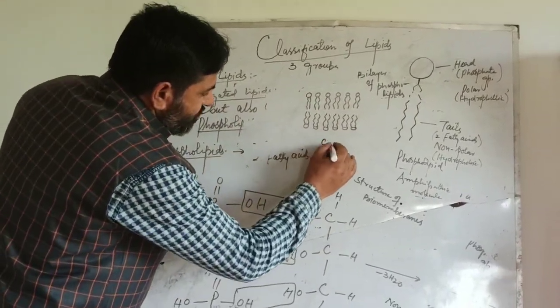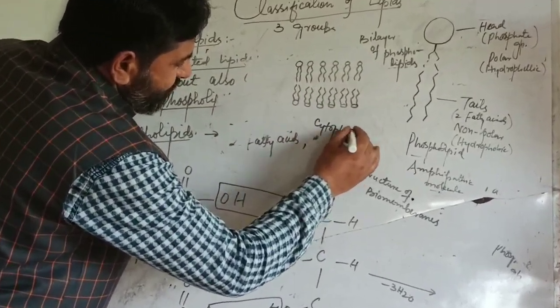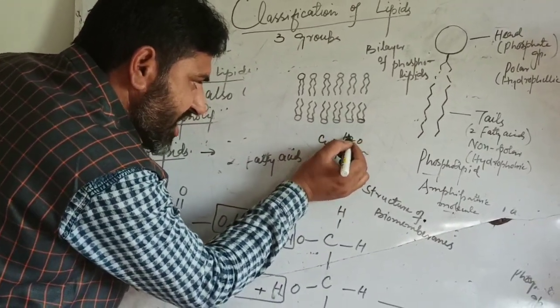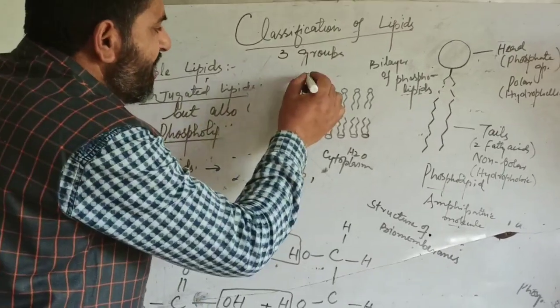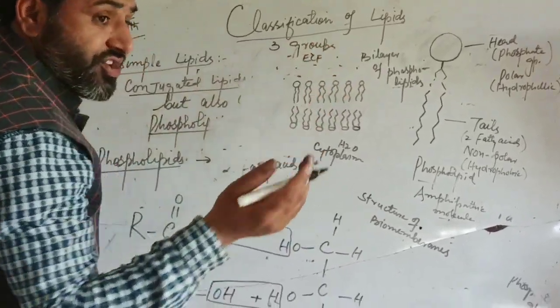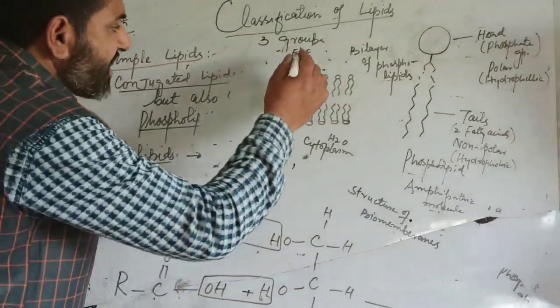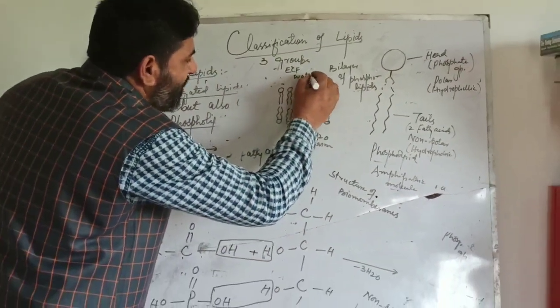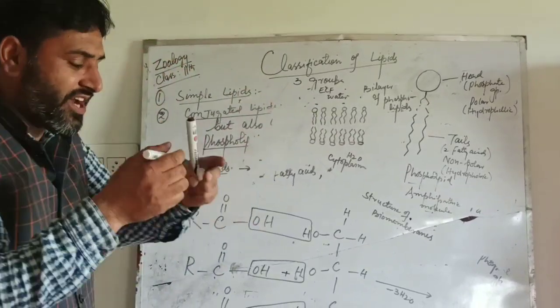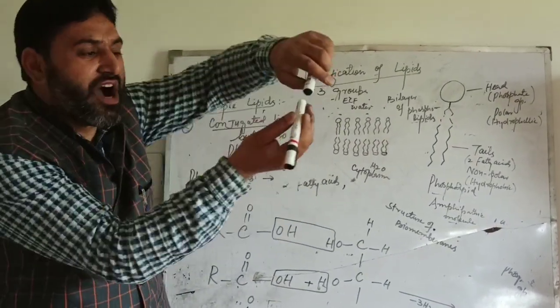This is the cytoplasm of the cell, and the cytoplasm contains water. So that is why this polar head is directed towards the water. And on the outside of the cell there is ECF, extracellular fluid, which also contains water. That is why the head of this molecule moves towards the water, and they form a bilayer like this.